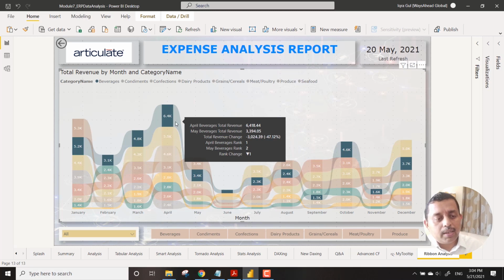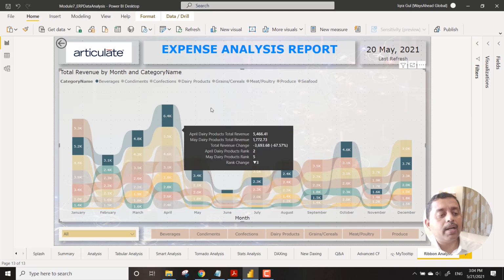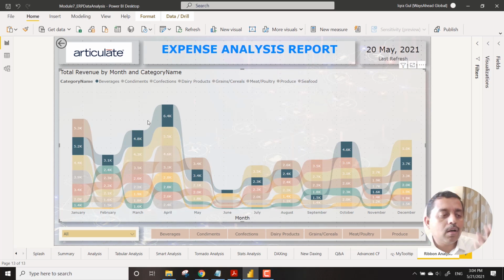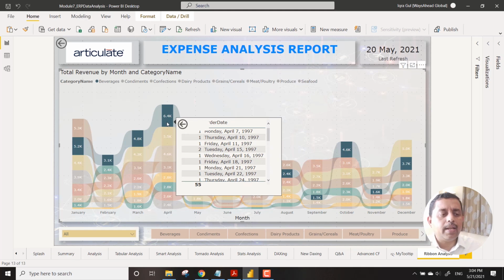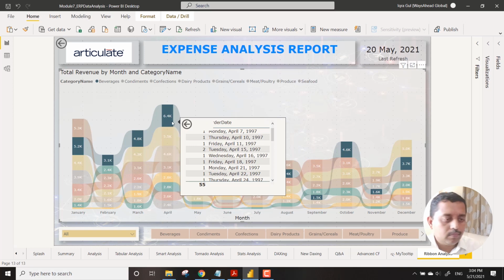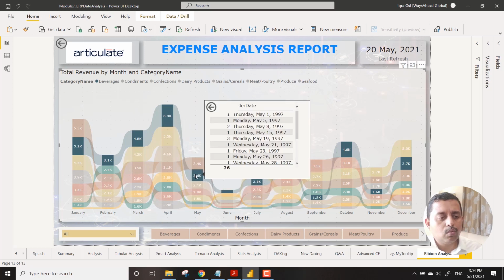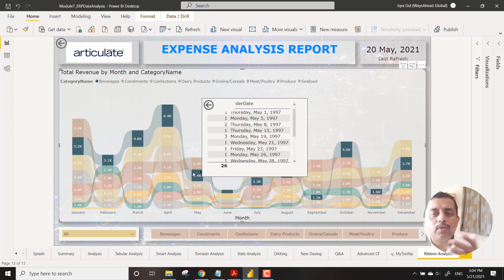So from 6,000 it has gone to 3,000. So much of a dip you can see. And the ribbon chart is the ideal chart for showing this. The moment you take the cursor, it will show these are the orders. You can put so many details in this tooltip as well.